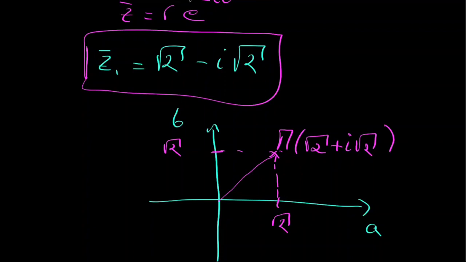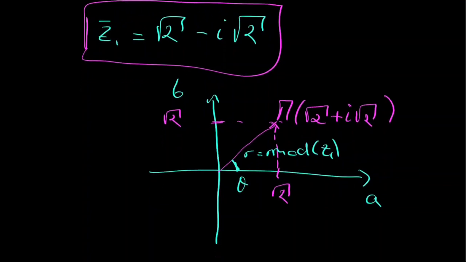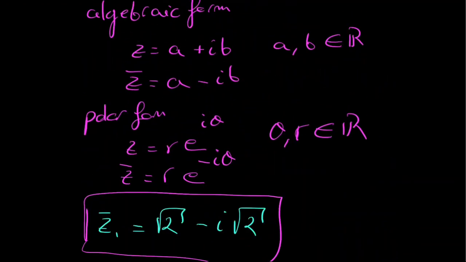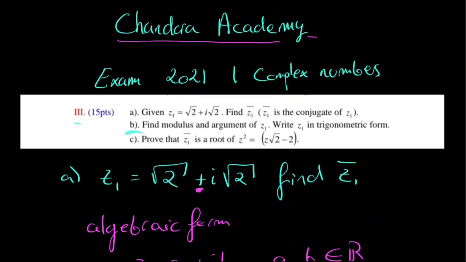So let's try to find the modulus r, which is equal to mod of z1, and the angle theta. So how will we find it? To answer the second question.